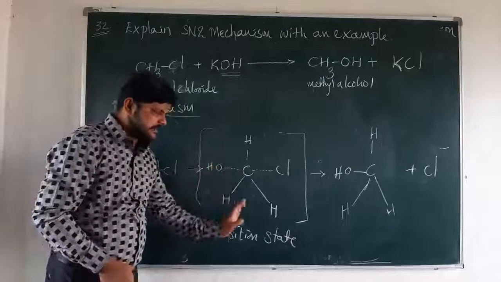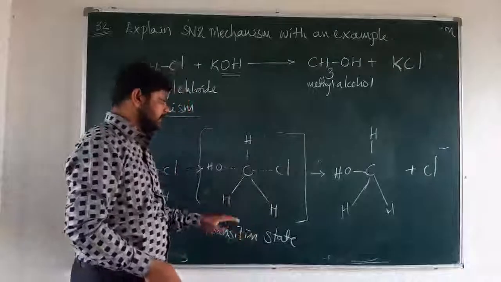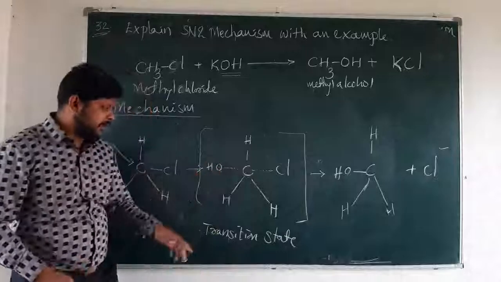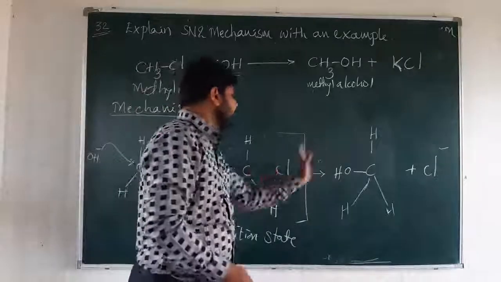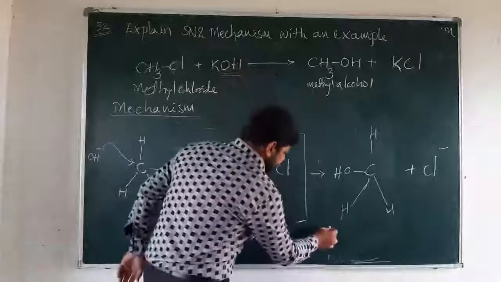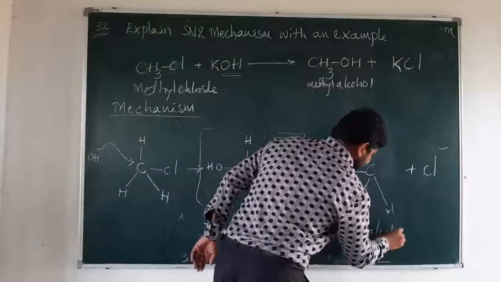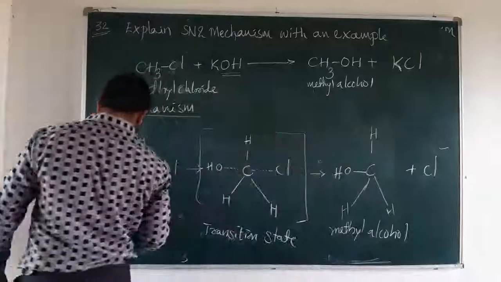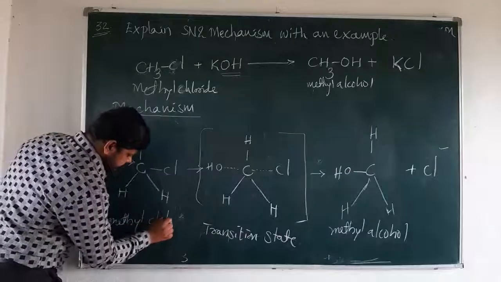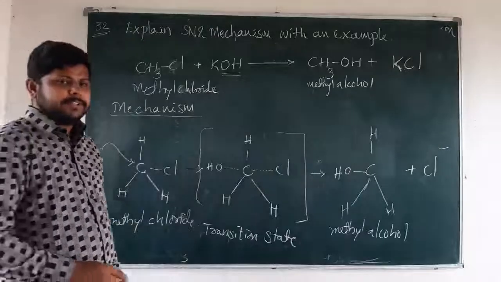At the next state, the transition state, which is not a completed state, both Cl and OH are attached to carbon with partial bonds. If you remove Cl completely, OH remains, so it is methyl alcohol. Better you write the names here: methyl chloride and methyl alcohol. So this is the SN2 mechanism in one step.